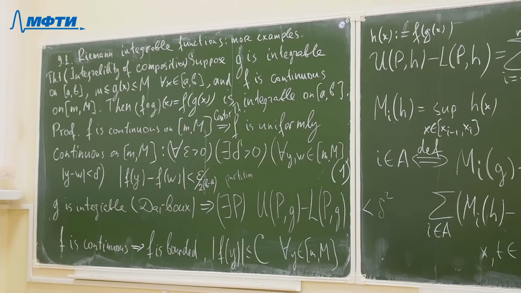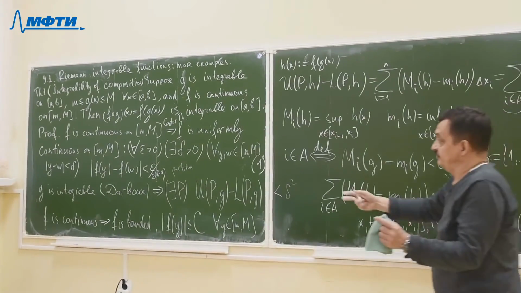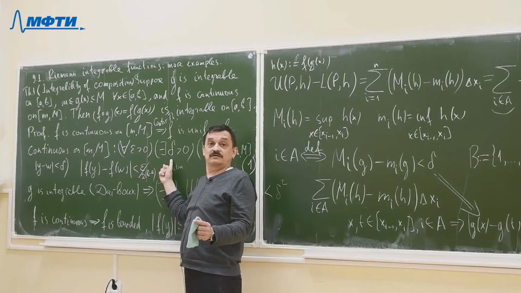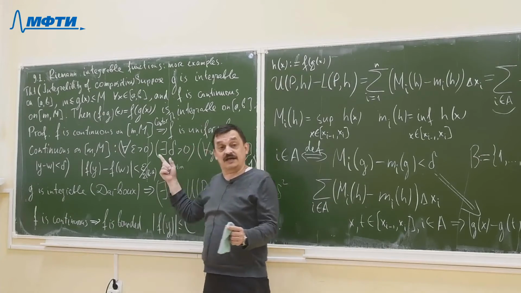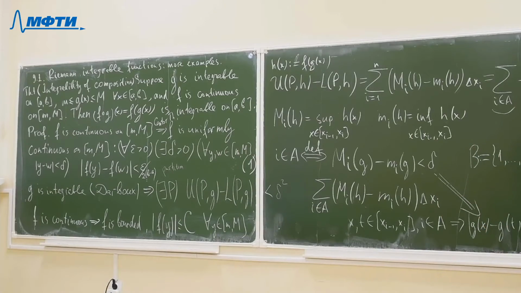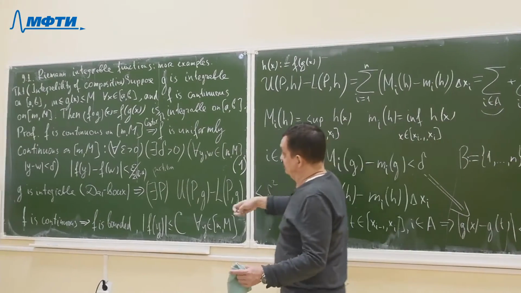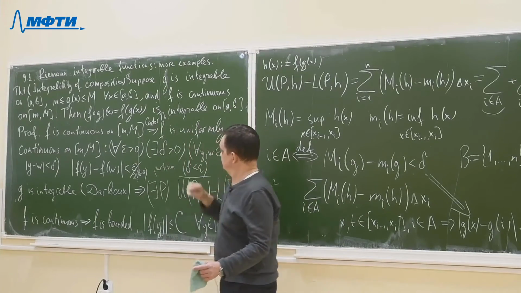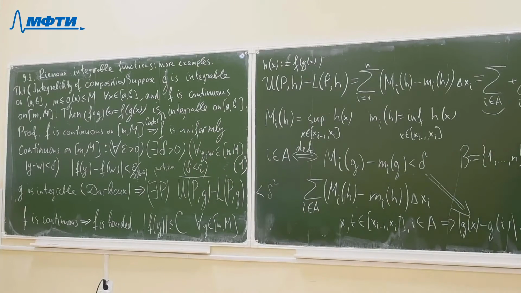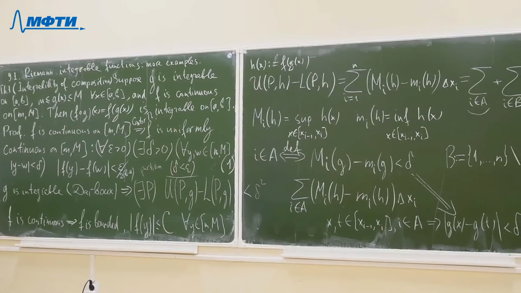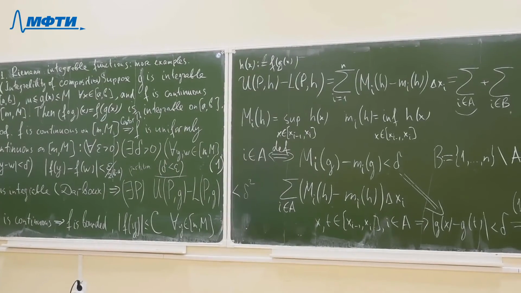So if I choose some delta, then of course everything that was written here is valid for a smaller delta as well. So I can choose delta smaller than what was chosen before. So let me choose it from the beginning: delta should also be less than epsilon. It is an extra supposition, from the beginning, it should be done, of course.